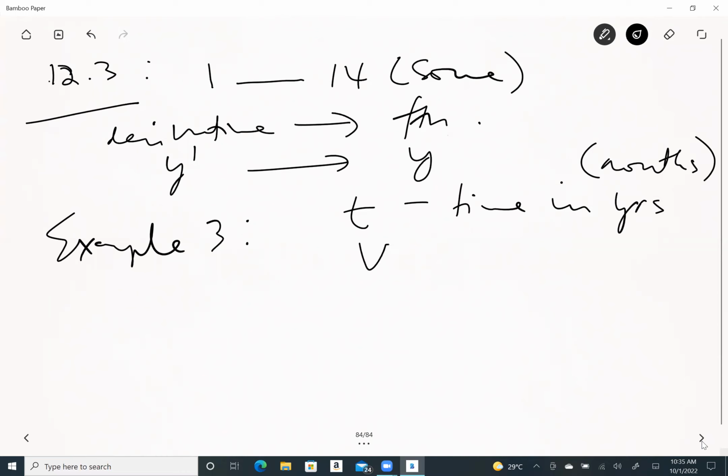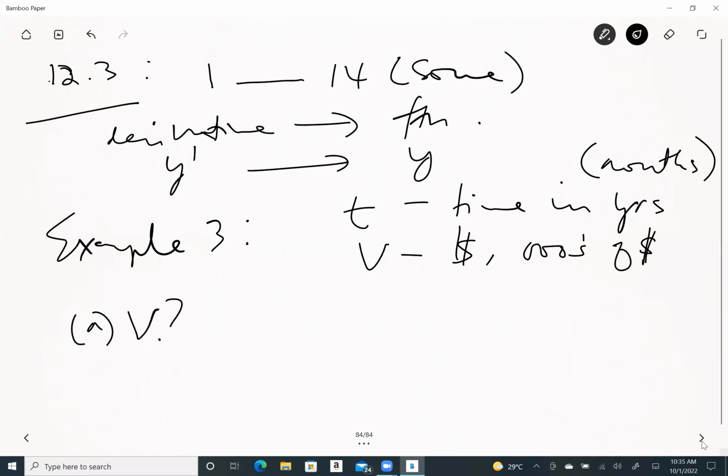Time is in years, and the market value V is in thousands of dollars, so 1 means 1,000. You find the function, the value in terms of t. For part A, I want to find the value. So how do I get the value?